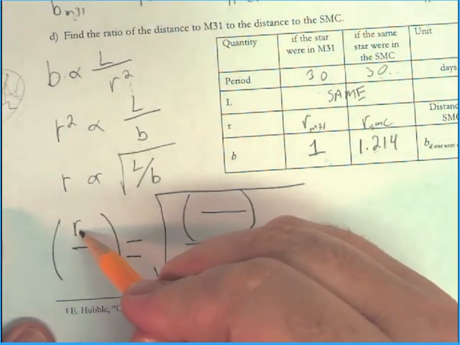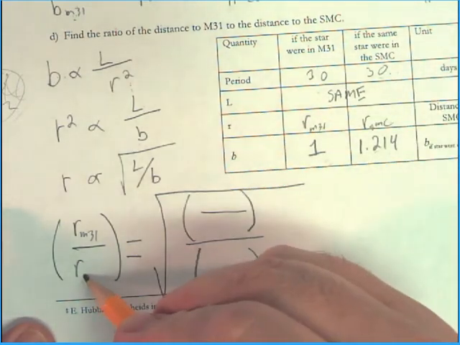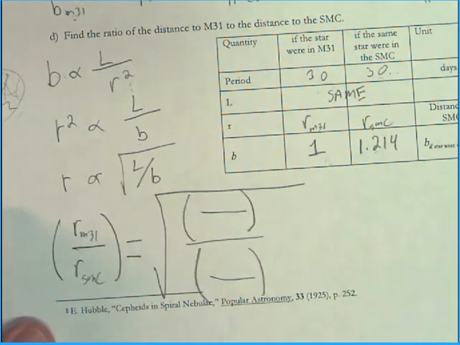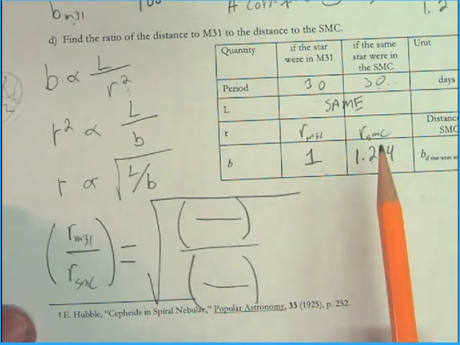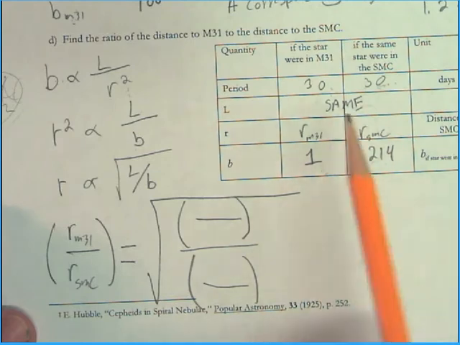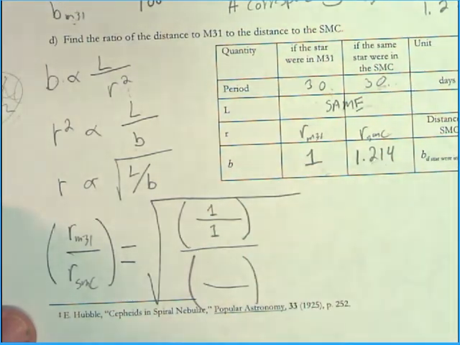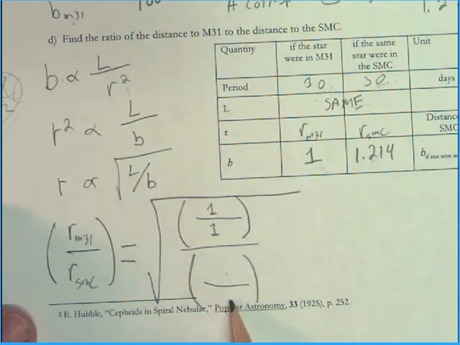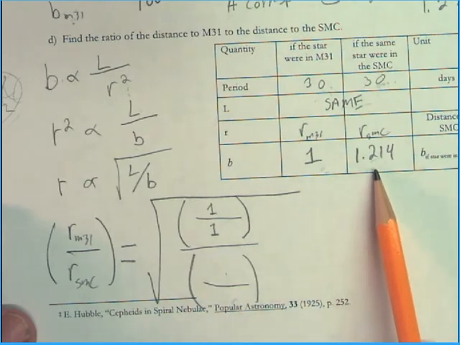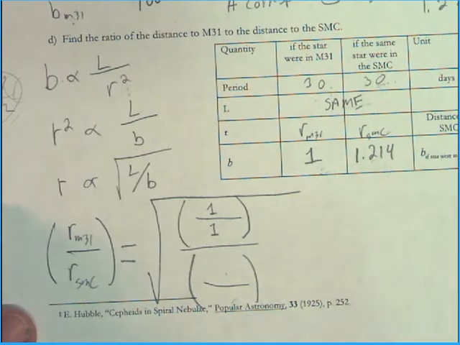So we will put M31 here, and we will put the SMC there. And then we will have the luminosity is the same, so that's a 1-to-1 ratio, because they're the same. And then what goes down here is a 1 to 1.214 ratio.